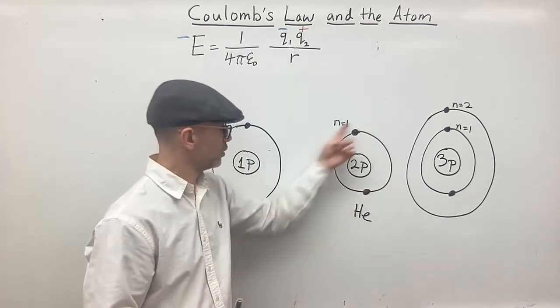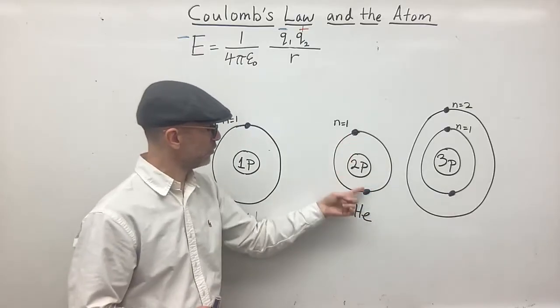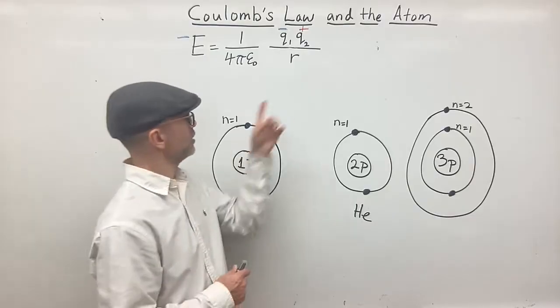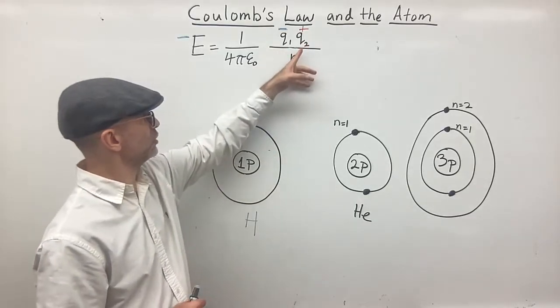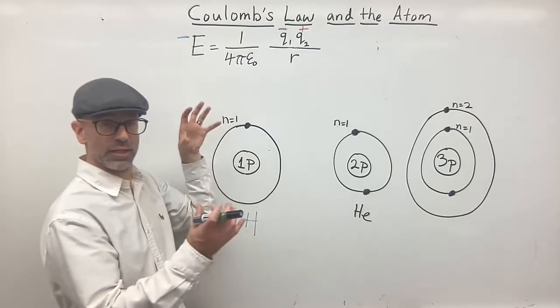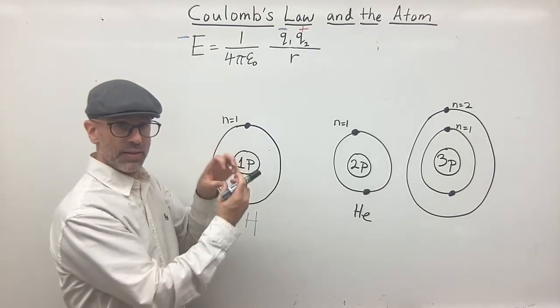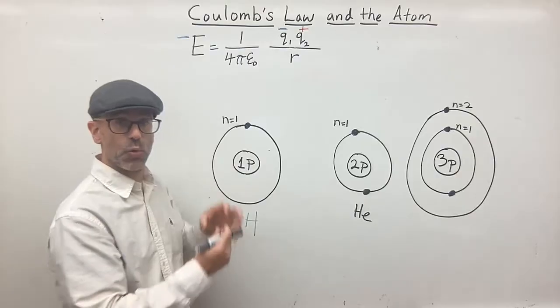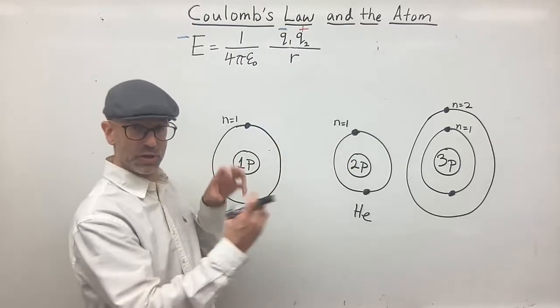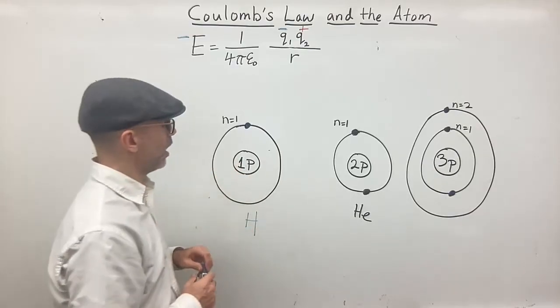They're at the same energy level. And so what are these two electrons going to want to do? They're going to want to repel each other. And so having those two like charges in the same orbital, if we keep them together, is going to raise potential energy. So what are these electrons going to want to do? They're going to want to repel each other and move farther apart, right?